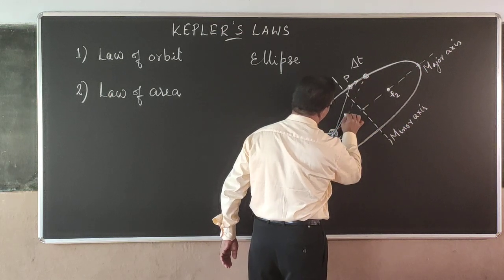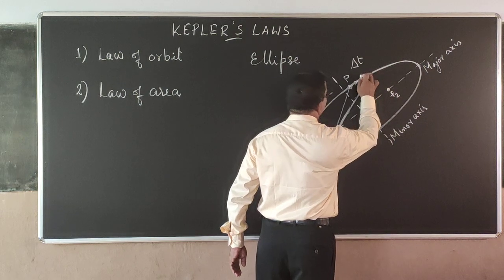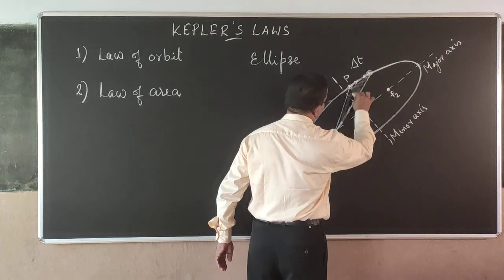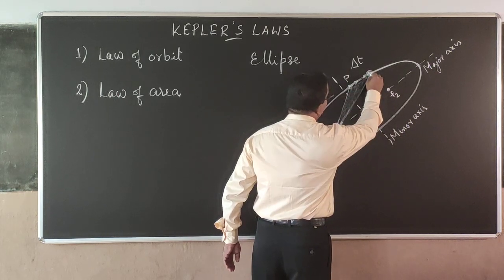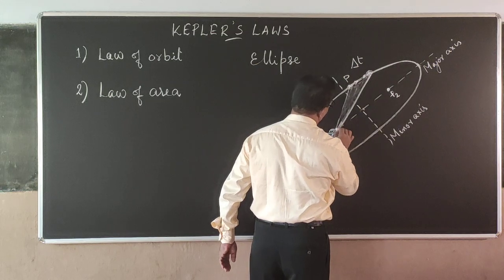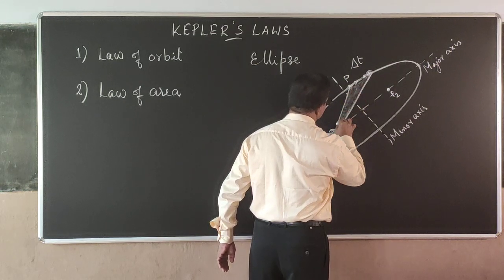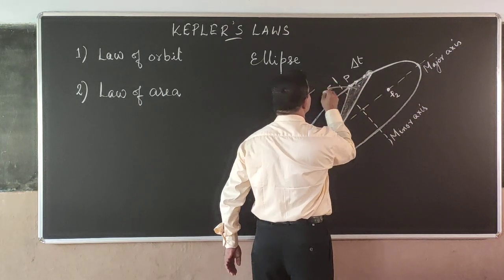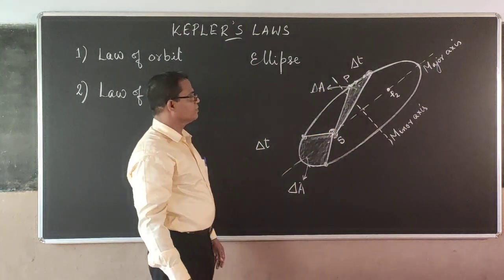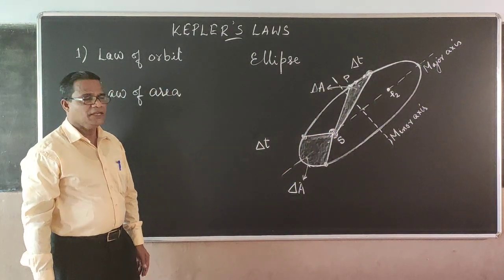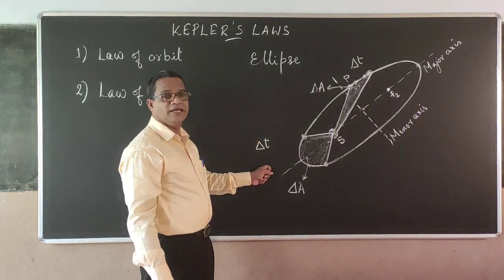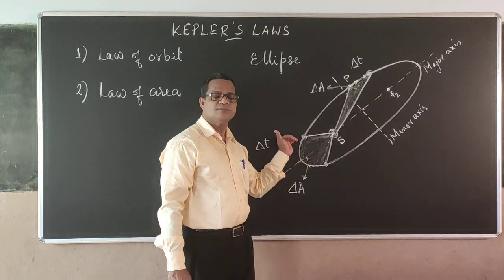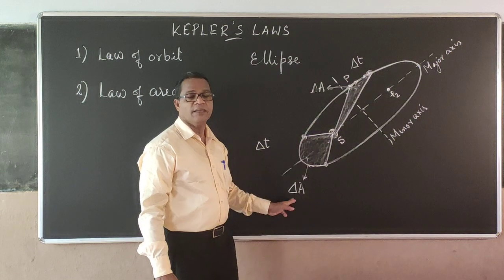Then, if I draw the area here, the area swept by the radius vector is here also found to be delta E. That means if you fix the time duration constant, then the area swept by the radius vector as the planet moves will be found to be the same.